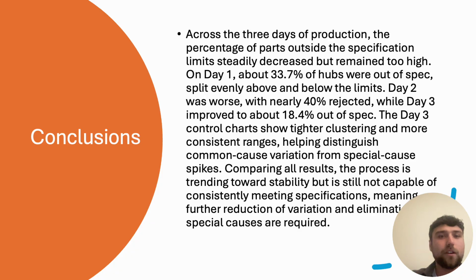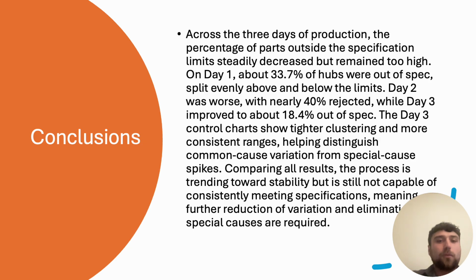Across 3 days of production, the percentage of parts outside the specification limits steadily decreased, but remained too high. On day 1, about 33.7% of the hubs were out of spec and split evenly above and below the limit.